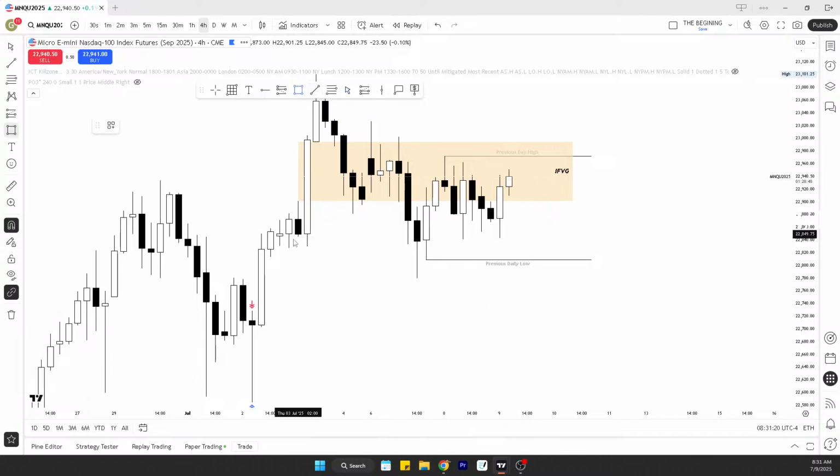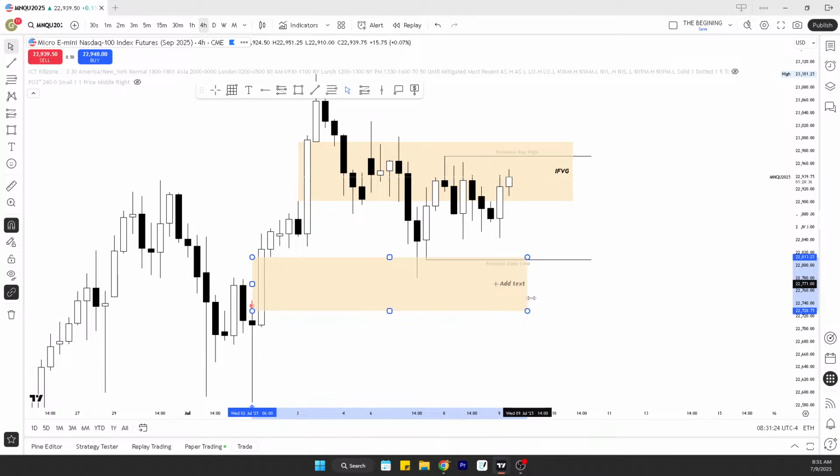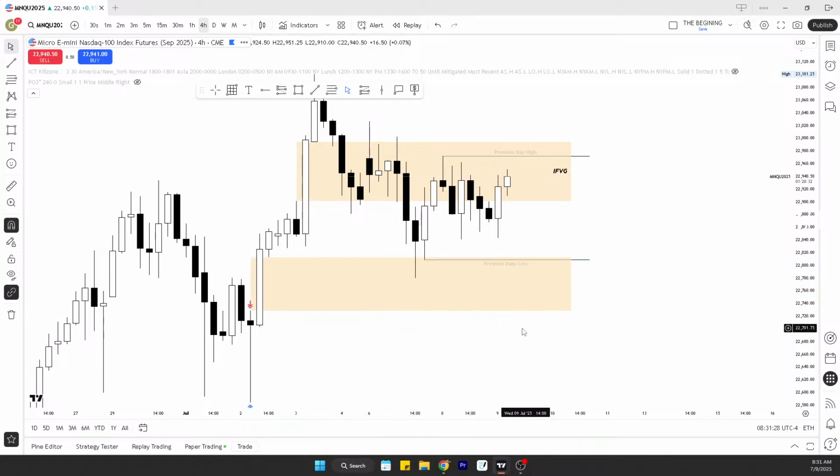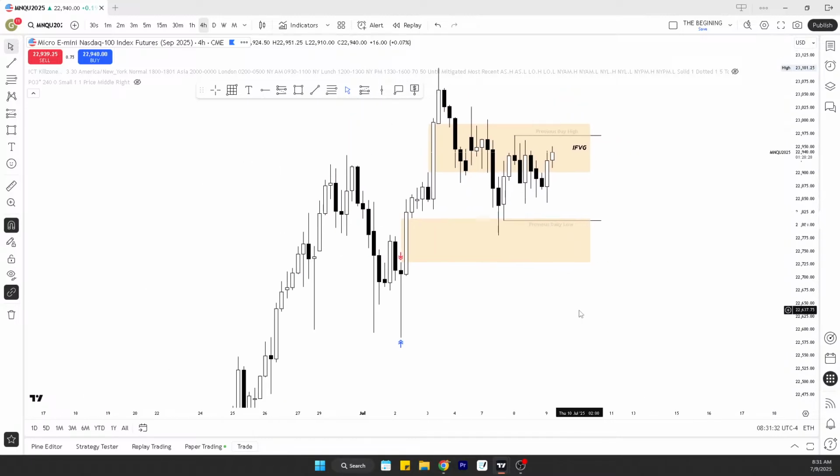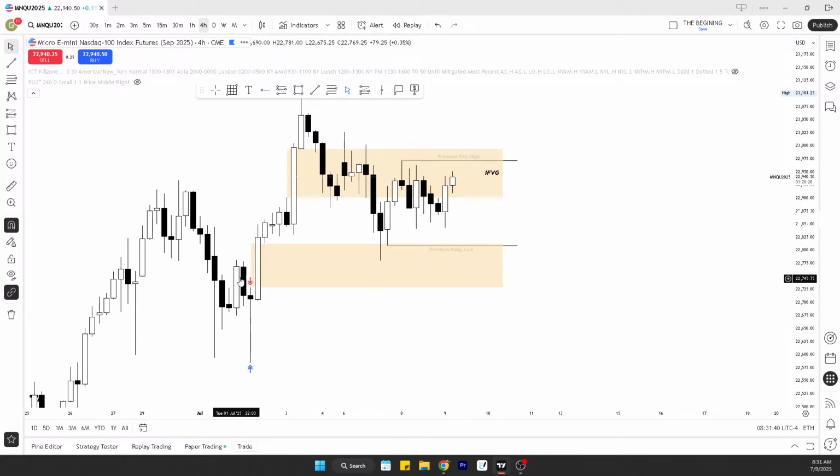We also got this one down here that we used. We also have, I think, an hourly breaker block. I believe so. I think it's right here.